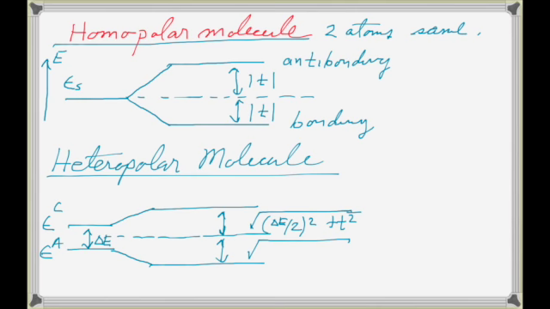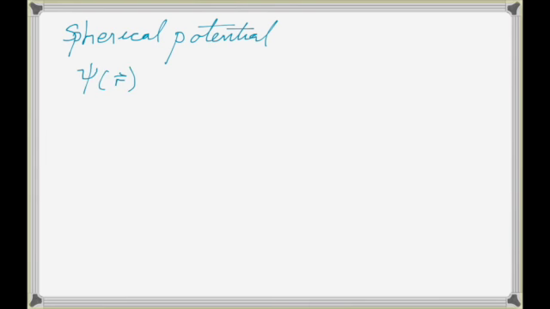Now let's talk about these p states, in particular what we mean when I talk about px, py, and pz. If you have a spherical potential, like you have for an atom, then the solution has this form: psi of r is equal to some radial part times an angular part. It separates out into the radial part and the angular part.